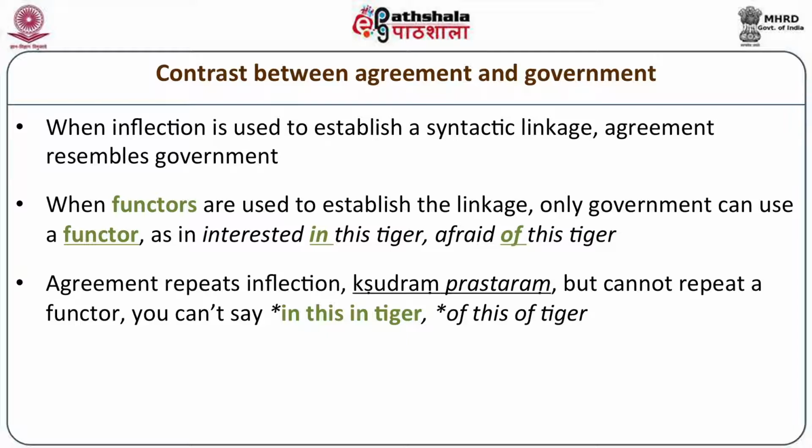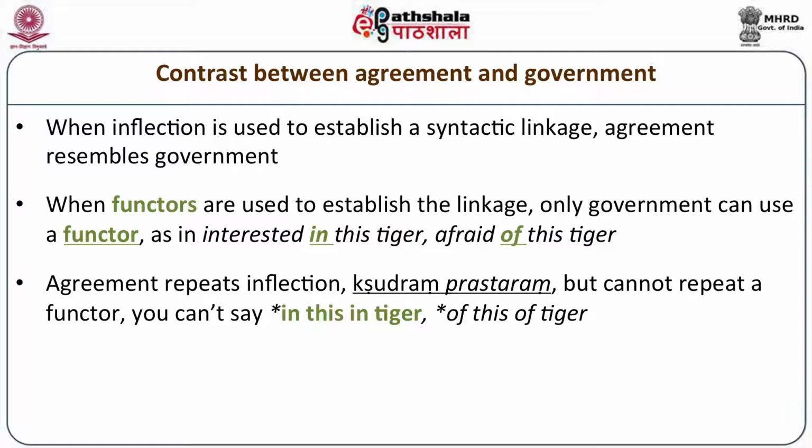There are linkages of this kind. It is possible to govern a preposition, to require your object or complement to take a particular preposition. Agreement never does this. You never find an agreement relation saying, there is an of here, please copy that of and use it twice.